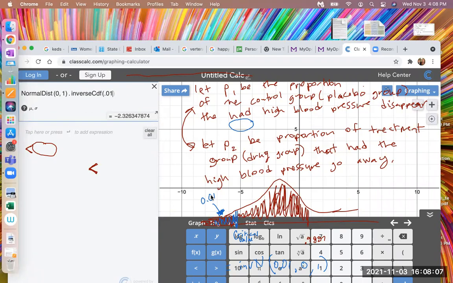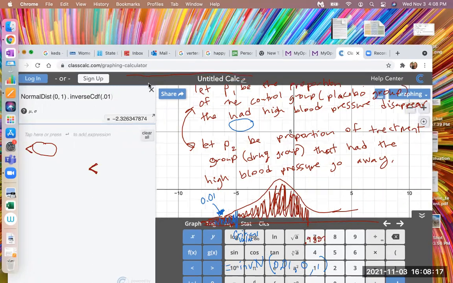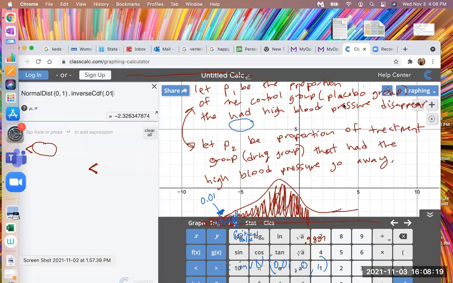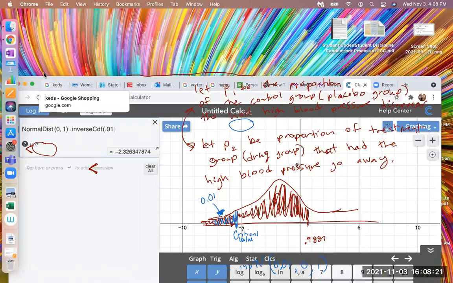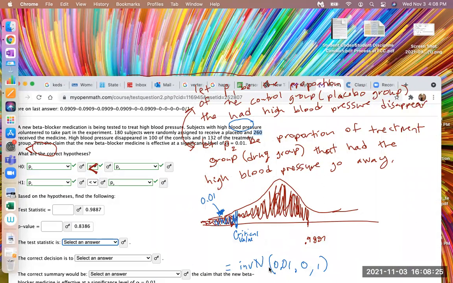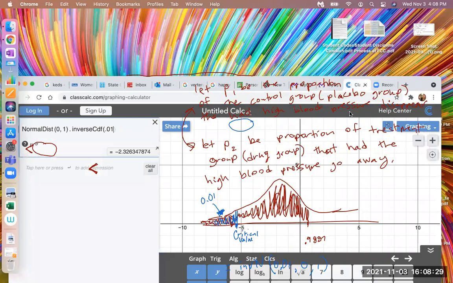Yeah, and there's my answer, negative 2.32. So what that's telling me, and this is a long involved answer.